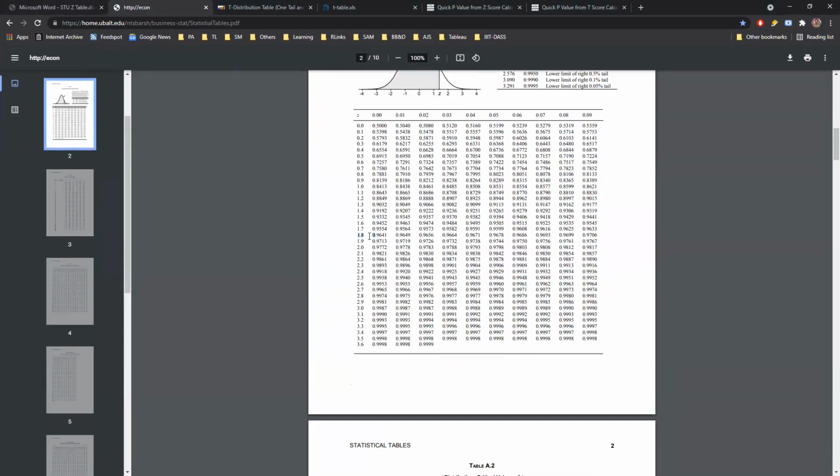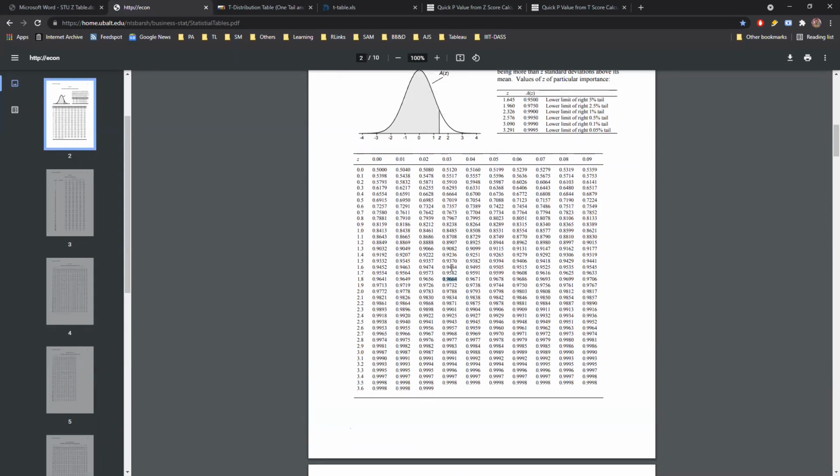This is the z value 1.8, and on the right we go to the right column to get 1.83. Here we see that 0.9664 is the value at a z-score of 1.83. Our value is 1.833, but this is a good enough approximation.